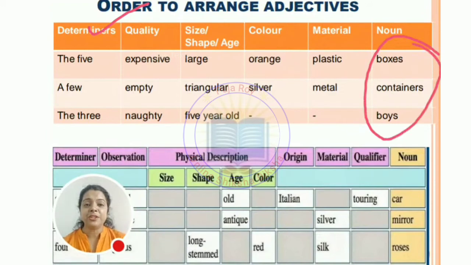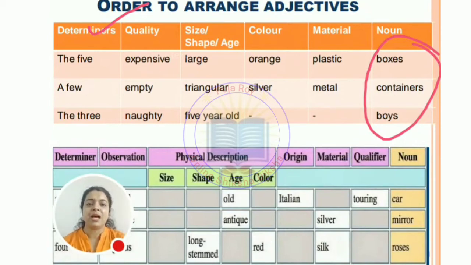So we have determiners, then quality, then size, shape and age, then color, material, and finally the noun we are talking about. Let's go for the examples.